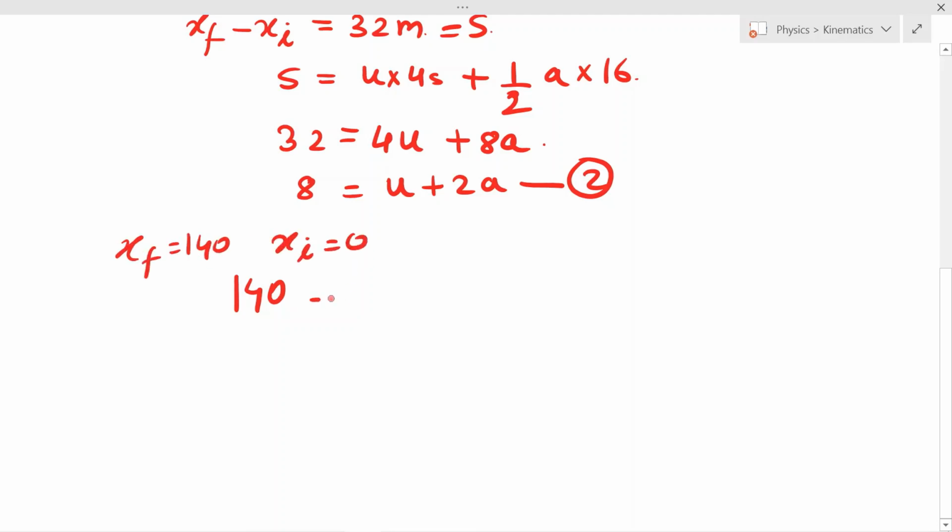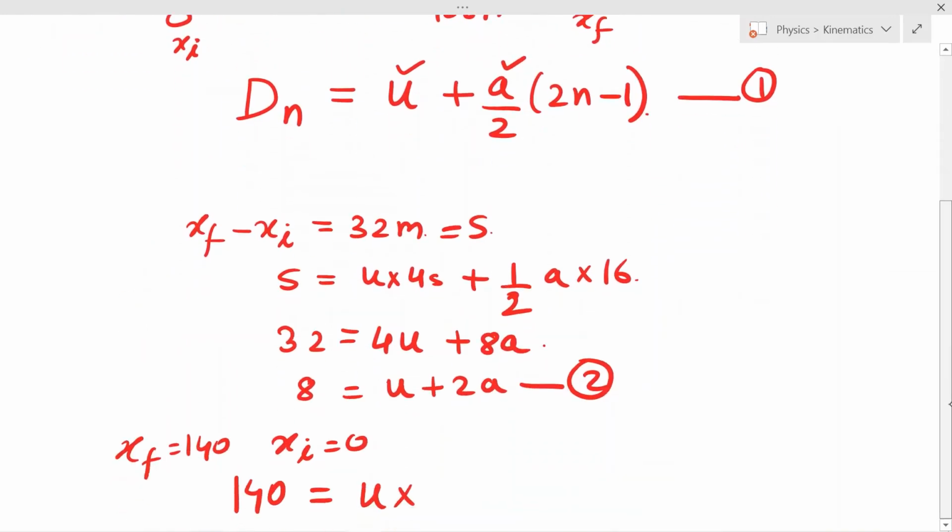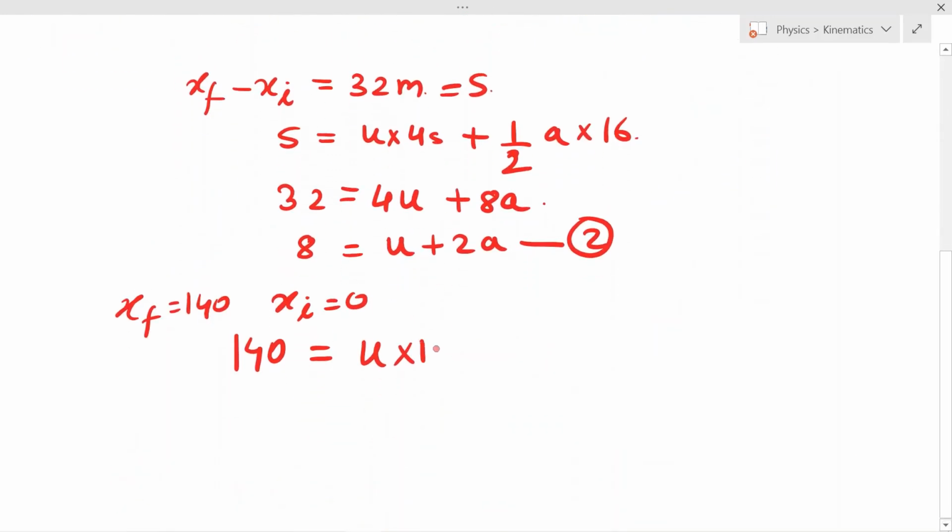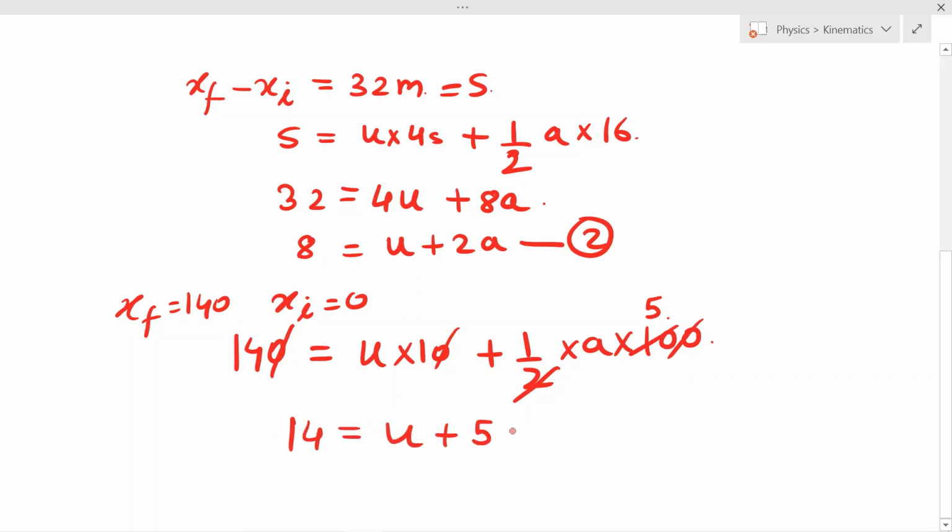So 140 is equal to u into t. Now the time taken will be 10 seconds. So this is 10u plus half a t square, that is 100a. So this 0 gets cancelled and this is 10 divided by 2. So this is 5. So 14 is equal to u plus 5a. This is the third equation.